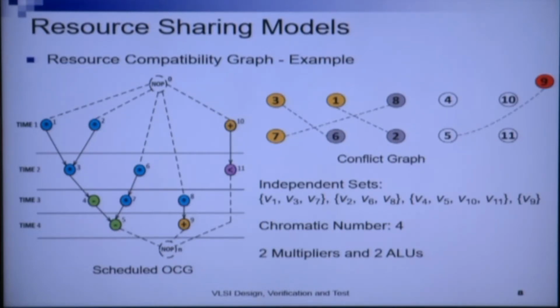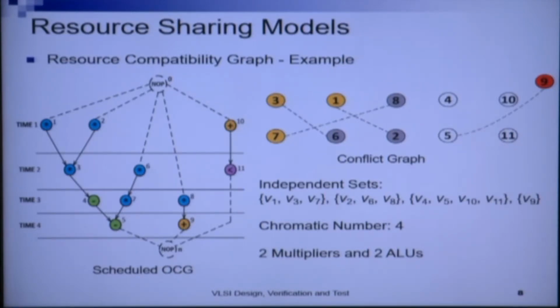Now, what are the independent sets in this conflict graph? 3, 7 and 1 is an independent set, they do not share an edge between them. 2, 6 and 8 is another independent set, they do not share an edge between them. 4, 10, 5 and 11 is another independent set, and V9 forms another independent set.